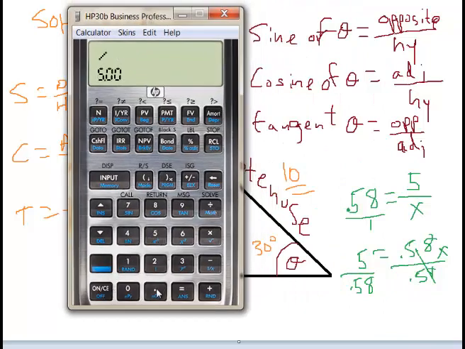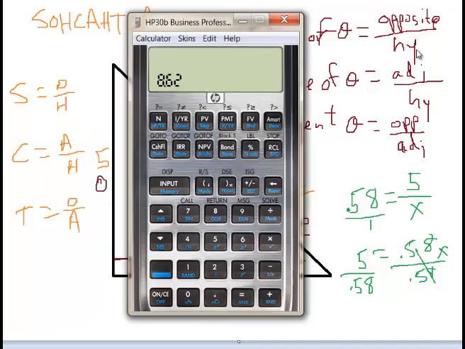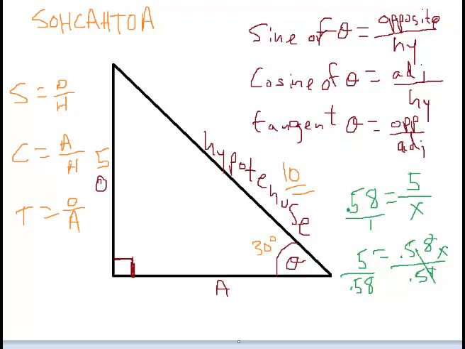And lo and behold, 8.62. Before we got 8.7, but that's probably because they were both rounded a little bit. If you did the full number, everything's been rounding off to 2 places, it would be the same result.